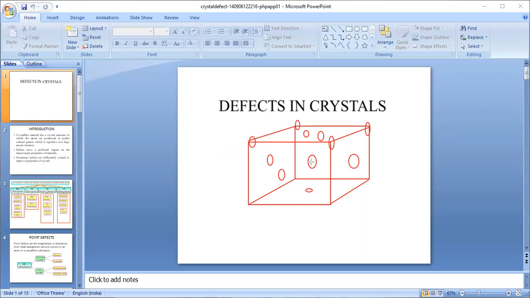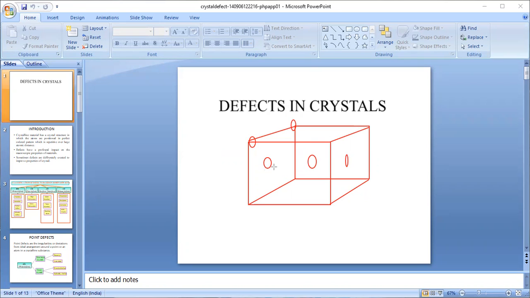In the same way, for end-centered cubic, there are only 2 atoms present apart from the 8 corners. For every unit cell, by default there will be 8 atoms. But in end-centered cubic, the atoms will be on either this wall or this wall.